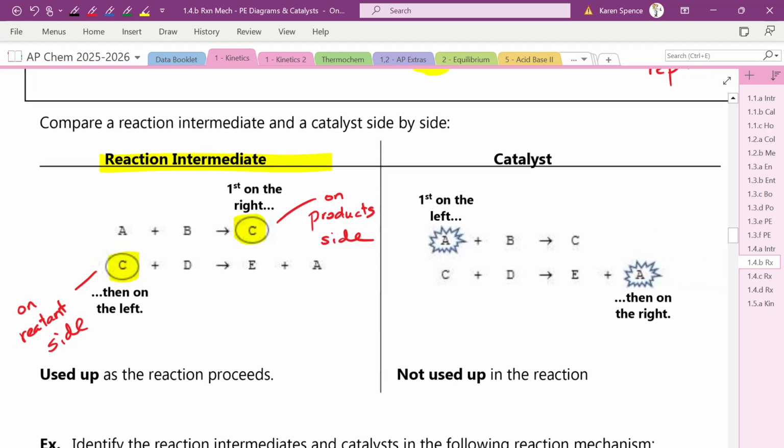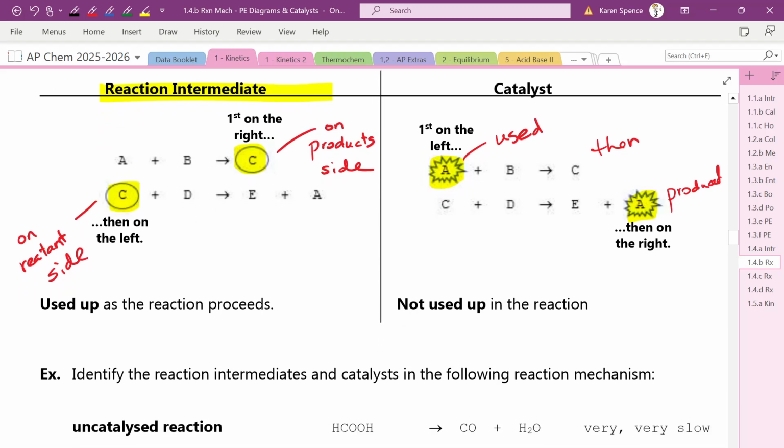It appears first on the left, it gets used, then it gets produced. So a reaction intermediate gets used up as the reaction proceeds. A catalyst is not used up in the reaction because it comes back out somewhere before the end.